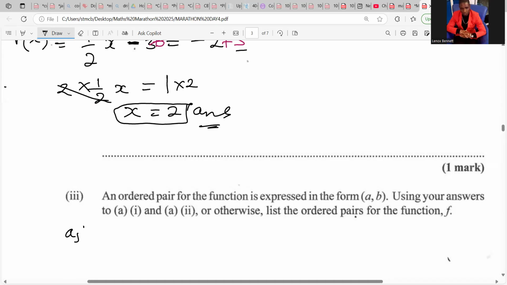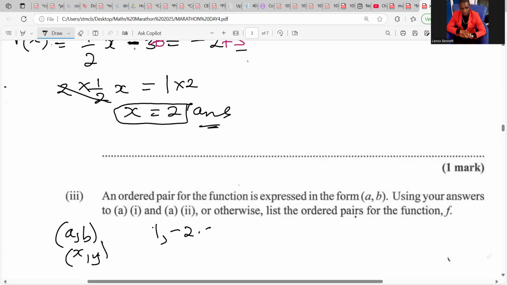Now f itself is y, that's the function. When x was 1, we got negative 2.5.